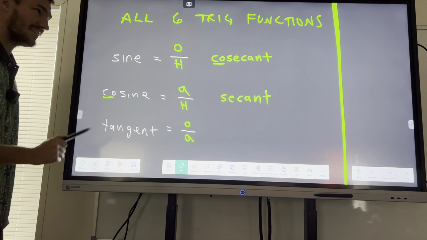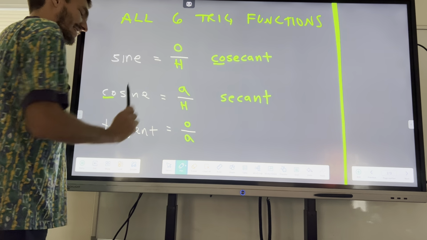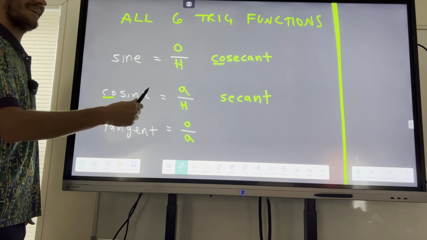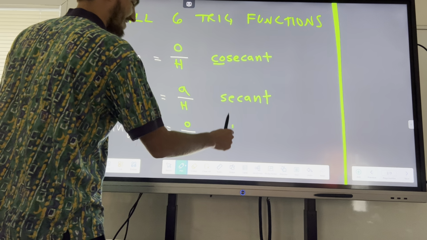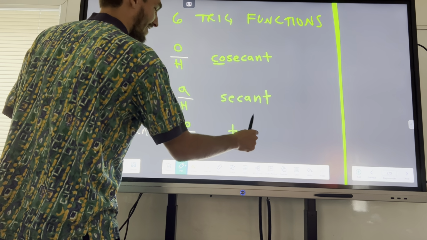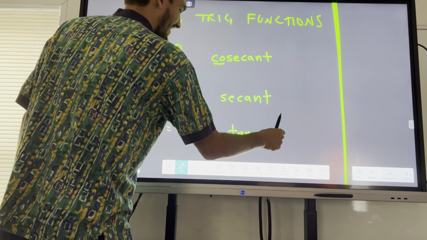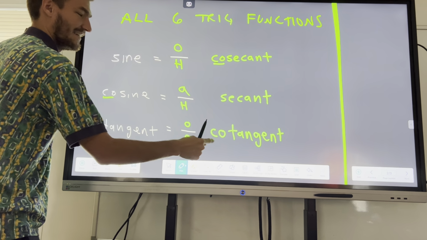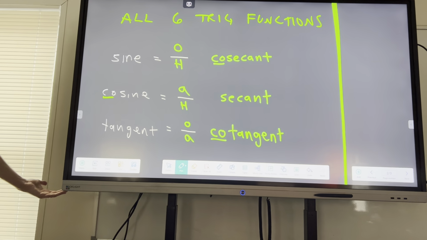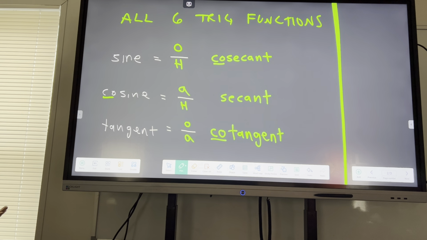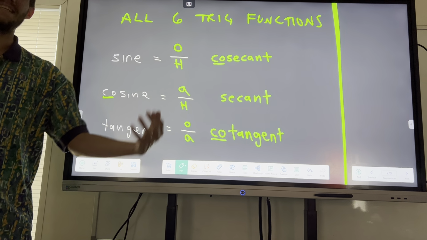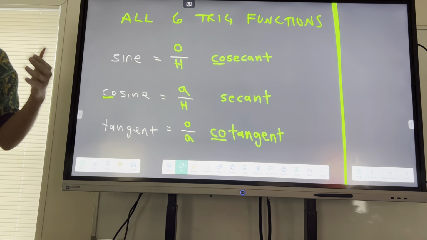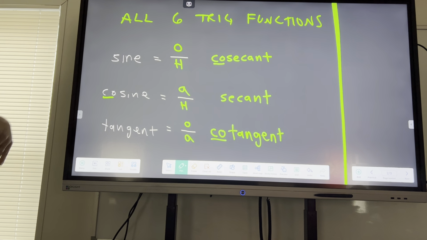Sine and cosine, secant and cosecant, tangent and... All right, we might be really bad at patterns. Cotangent, right? Cosine and cosecant and cotangent. Just co tangent.